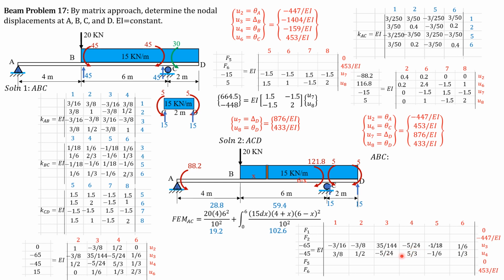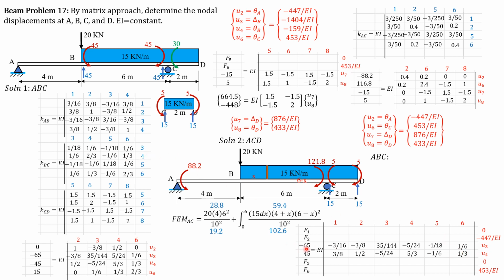Then 4, 4, we have 1 here and 2 thirds, 1 plus 2 thirds is 5 thirds. 4, 5, negative 1, 6, and lastly 4, 6, 1 third.